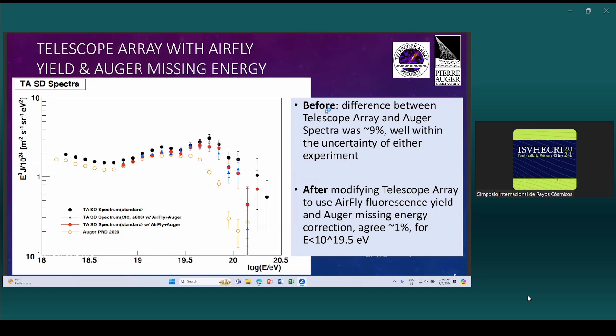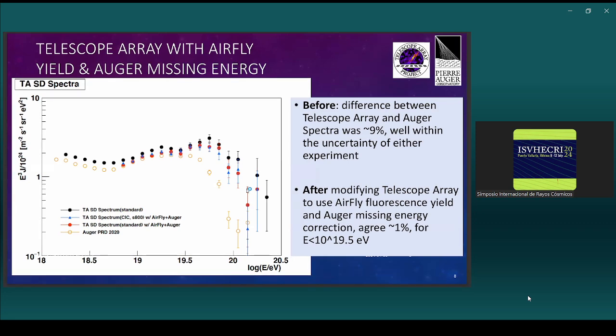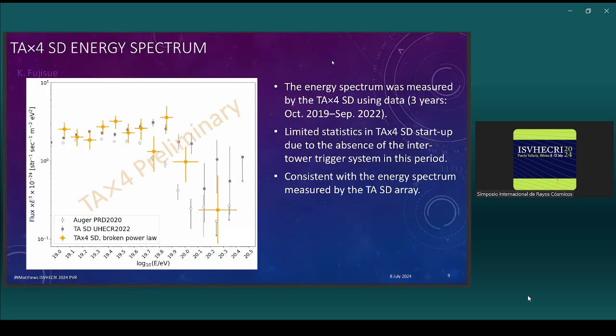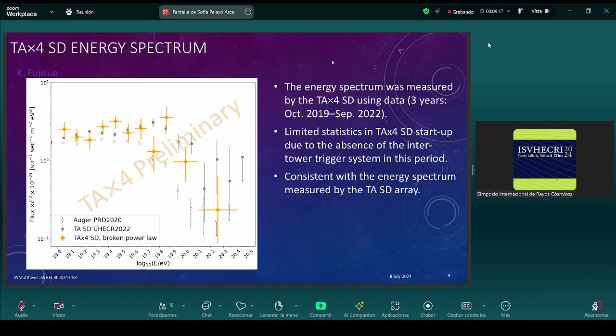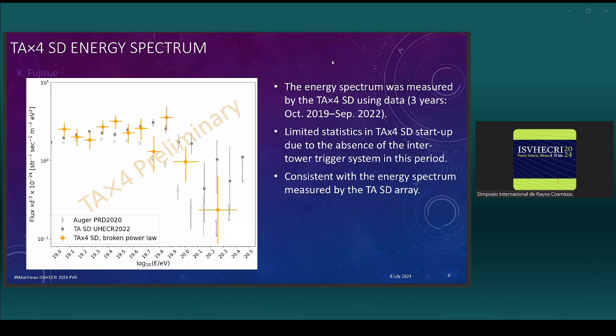So that's one way you can do this and get a good agreement, but not at the highest energies. So meanwhile, TA×4 has been collecting data. This is a measurement by Kozo Fujisue, using the first 3 years of TA×4 data.